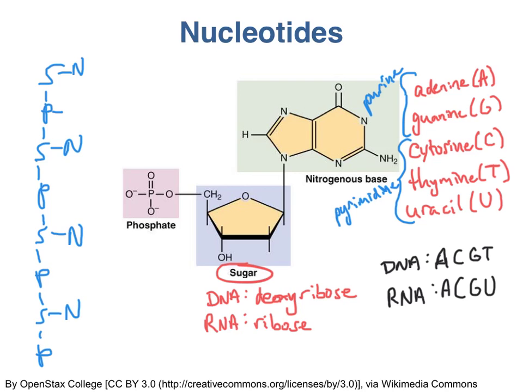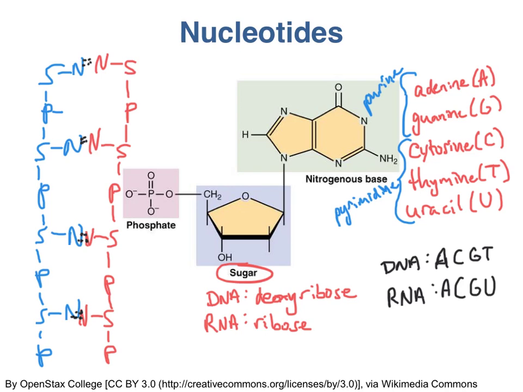But when you make a double-stranded molecule, DNA, you still have that sugar-phosphate backbone, with the nitrogenous bases sticking off the side. And the nitrogenous bases, where they meet in the middle, they have hydrogen bonds that hold them loosely together.